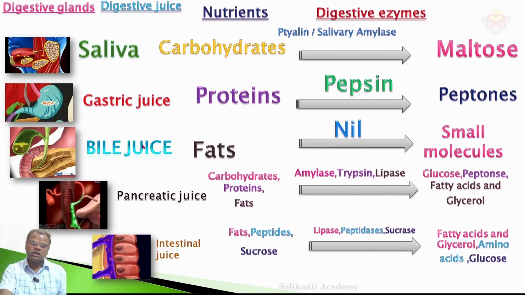This is the major work of the digestive system. Converting the complex molecules of carbohydrates, proteins, and fats into simpler molecules of glucose, amino acids, and fatty acids is known as digestion.